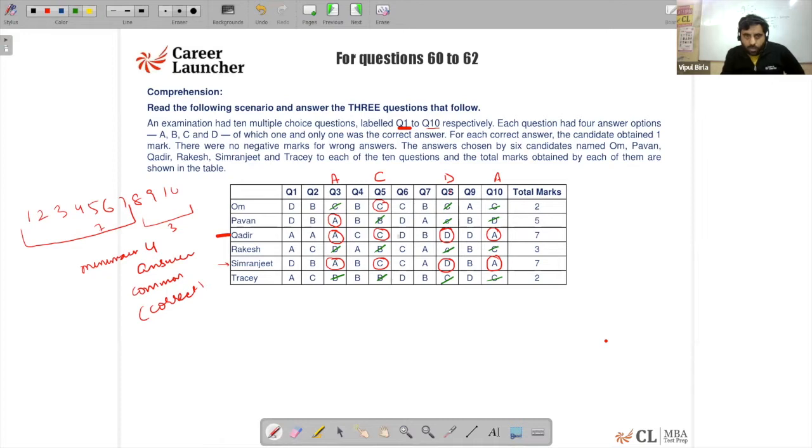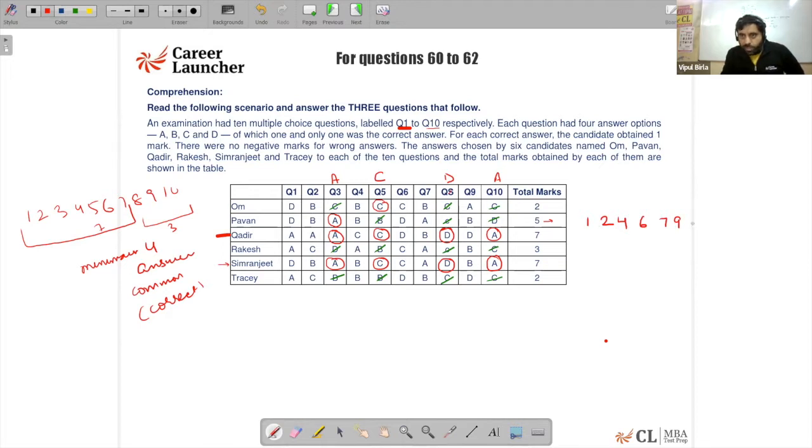Okay. Right. Now, since we know Pawan has done 5 correct in total. Out of this, one I've got, and I know these three are not. So now Pawan will have, out of the question number 1, 2, 4, 6, 7, and 9.